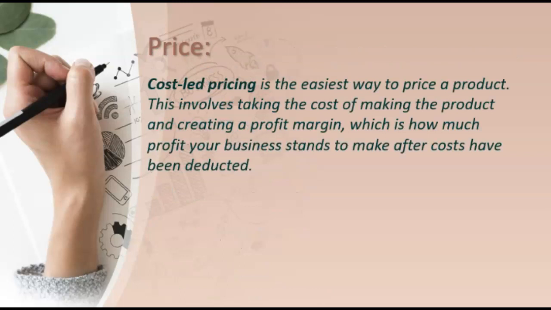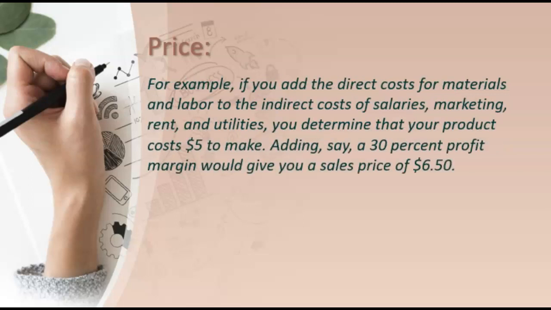Cost-led pricing is the easiest way to price a product. This involves taking the cost of making the product and creating a profit margin, which is how much profit your business stands to make after costs have been deducted. For example, if you add the direct costs for materials and labor to the indirect costs of salaries, marketing, rent, and utilities, you determine that your product costs $5 to make.